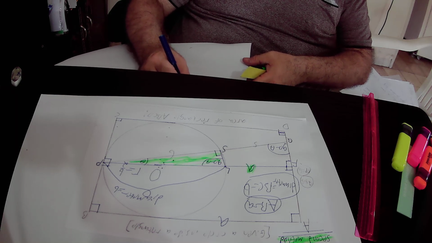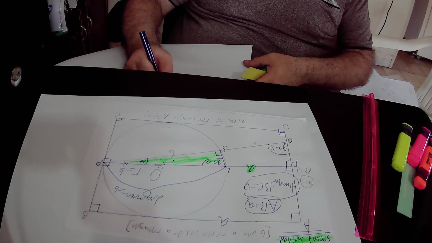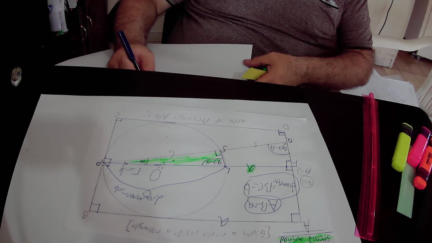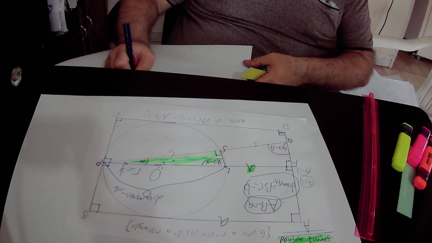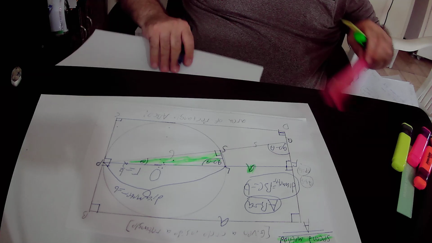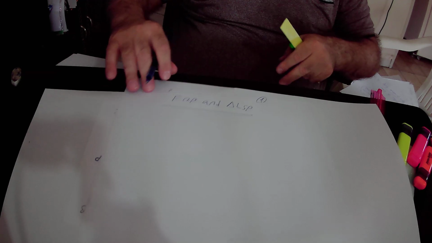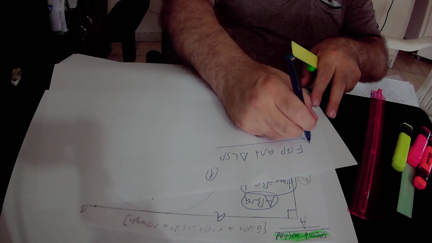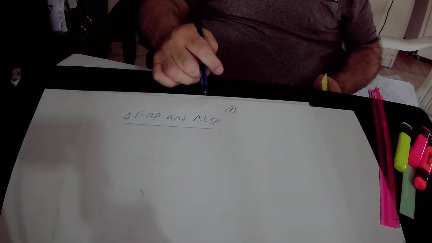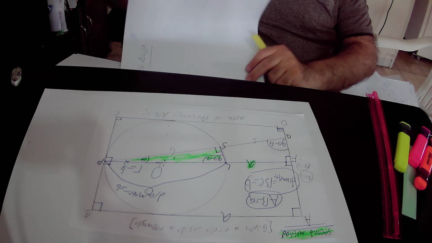The big right triangle FQP is similar to the small green right triangle LSP. So why are those two triangles similar to each other?